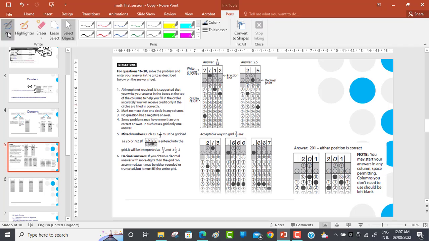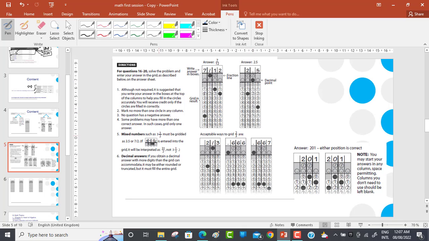How to grid in your answers? If you have, for example, the answer 7/12, you have to grid in 7, then the divide symbol, then 1 and 2. We are going to practice this in a few minutes. Also 2.5, you have to grid in 2.5, and if you start at the first digit on the left, 2.5 is going to be correct.